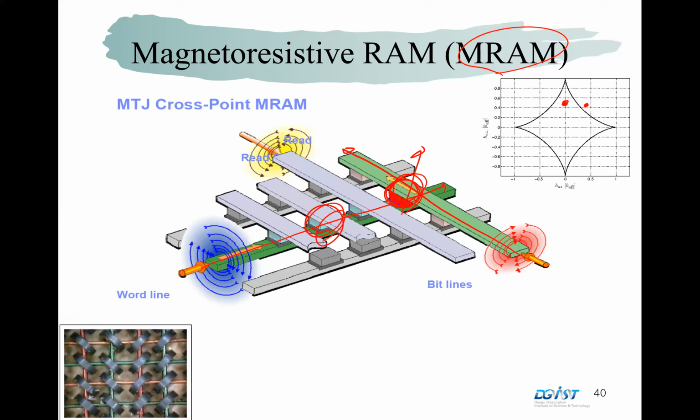But the reality is that it's not that easy. When people study this kind of MRAM, making such an astroid curve is very important. But in reality, this line is very broad, and some cells cannot switch with this given field, or some cells switch more easily.